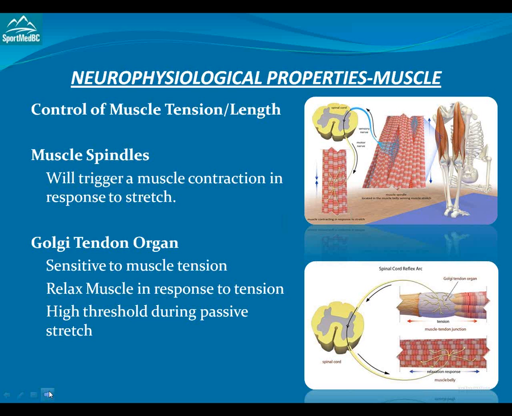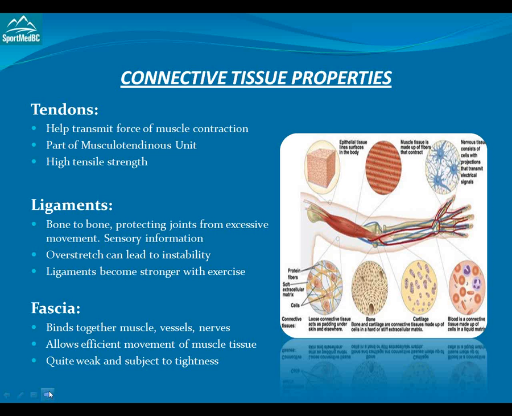So it has a high threshold for this stretch in a passive way where perhaps you're moving the muscle through a range of motion yourself, or you've got a partner who's stretching you. So those two components have a really big capacity to control muscle tension and muscle length.